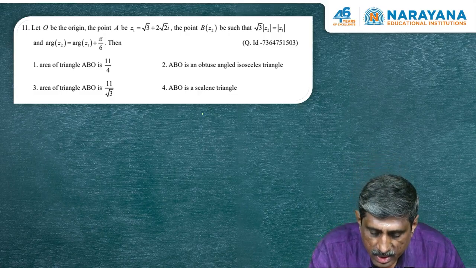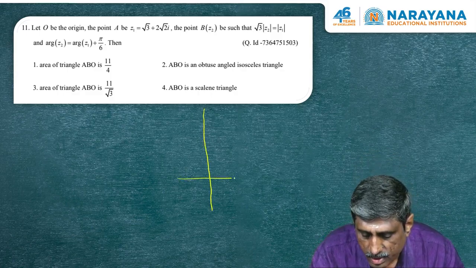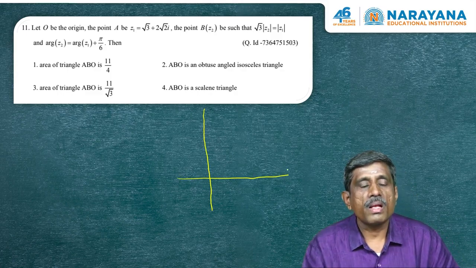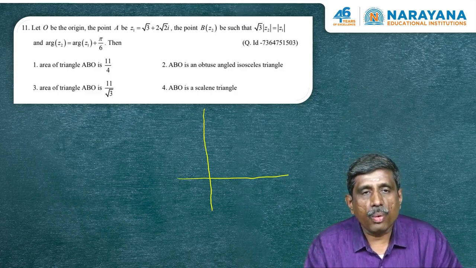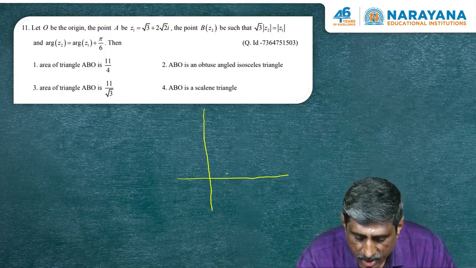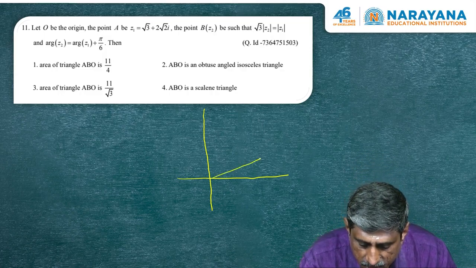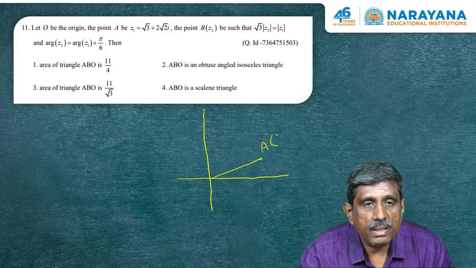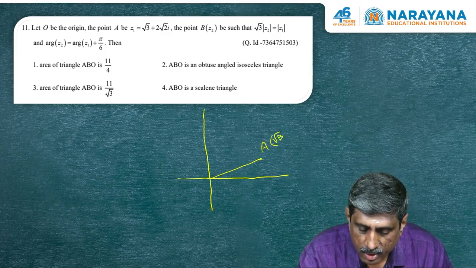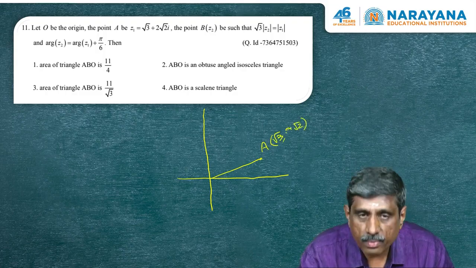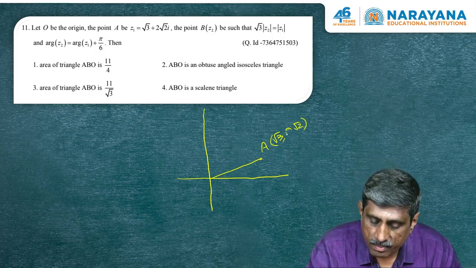So, let us convert the problem of complex numbers into geometry. Z1 is the point root 3 comma 2 root 2i. Let us say this is the point A, which is root 3 comma 2 root 2i. That is a given point.